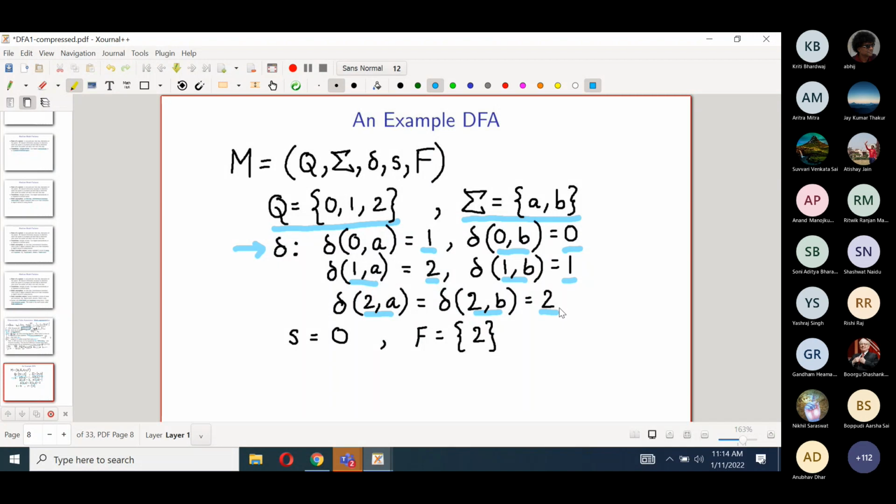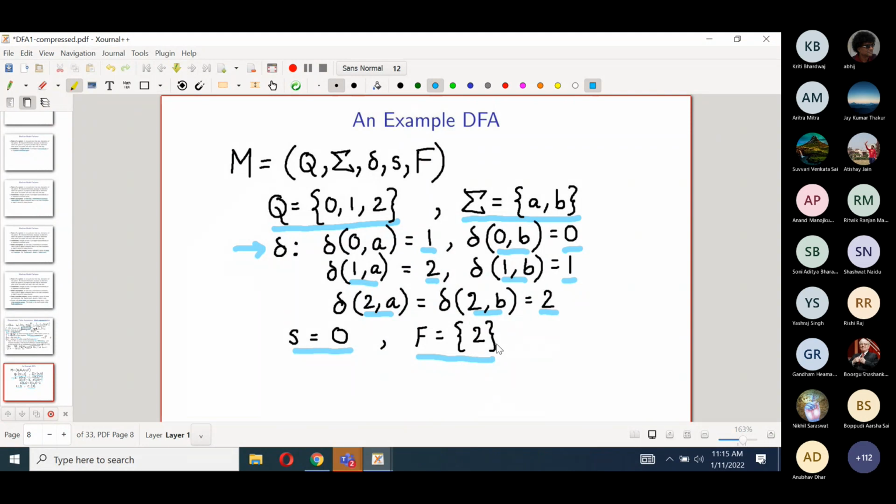This is what this transition function says. I'm also specifying the start state to be 0, and the subset of final states only has the single state 2. So this is a concrete example that fits the mathematical model we were talking about before. I have specified each of the components of this 5-tuple.